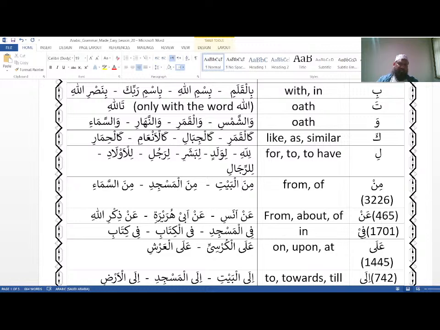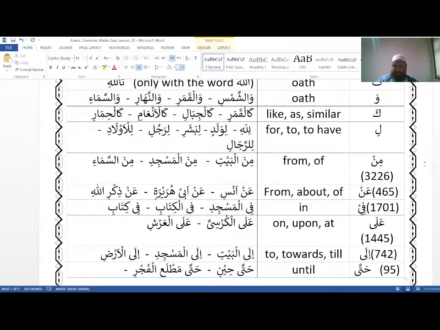كَيْفَ خُلِقَتْ, how it was created. Next, حَتَّى, until. حَتَّى حِينٍ, until the time. حِينٍ, this is منصرف, so it will accept كسرة. حَتَّى حِينٍ, until time. حَتَّى مَطْلَعِ الْفَجْرِ.